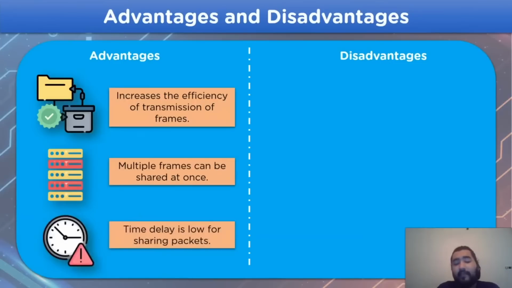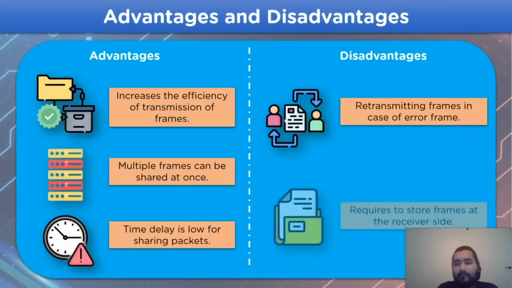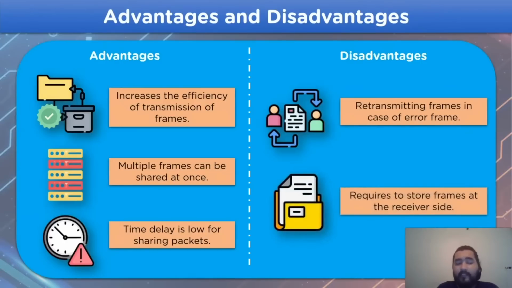And the time delay is low for sharing the packets. As for disadvantages we have, the retransmission of frames in case of an error in the network channel is very difficult work. And it also requires the storing of frames on the receiver side that it receives from the sender side.